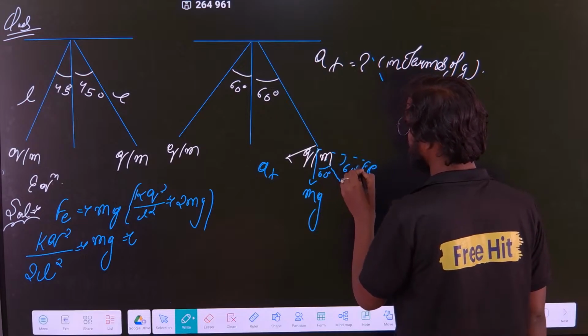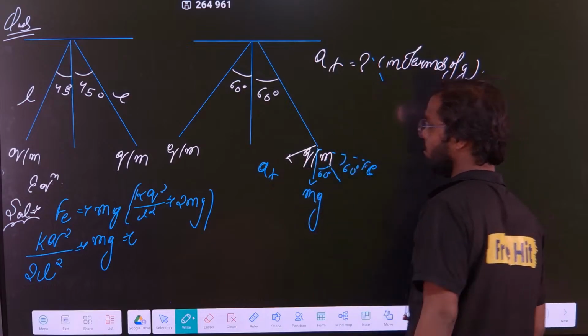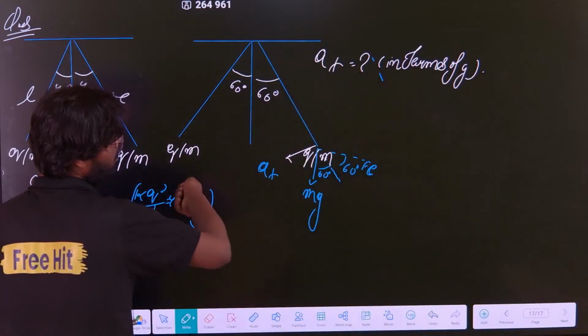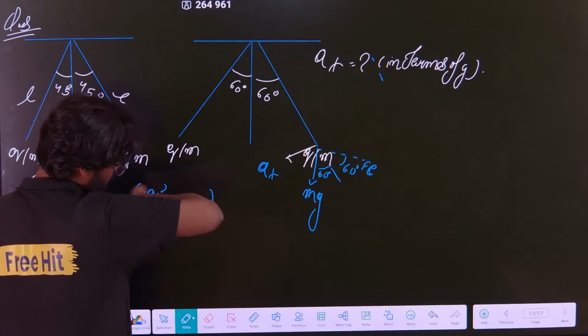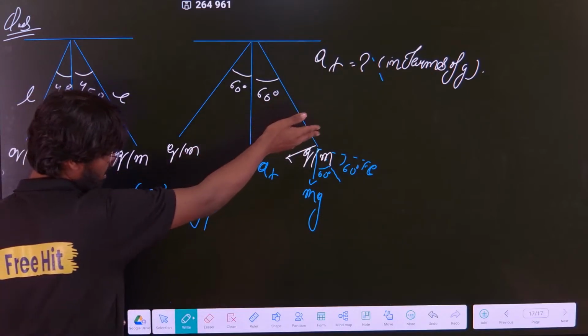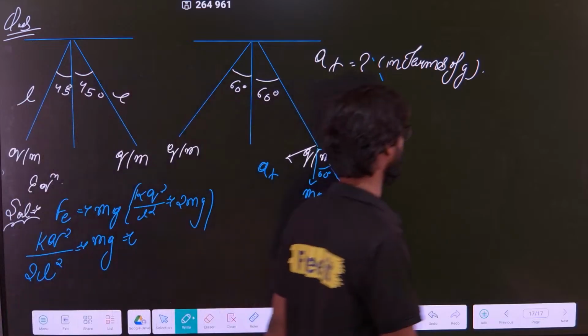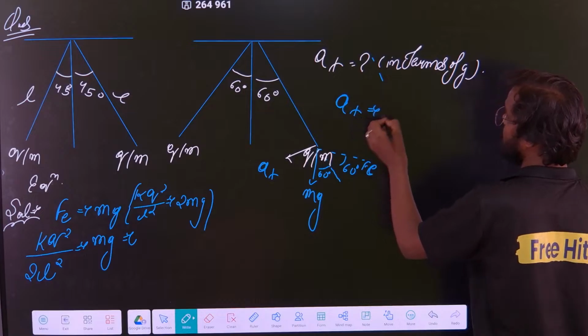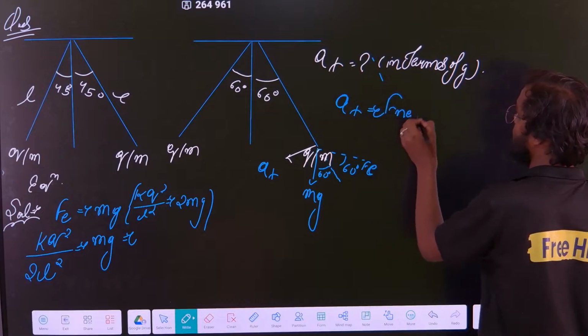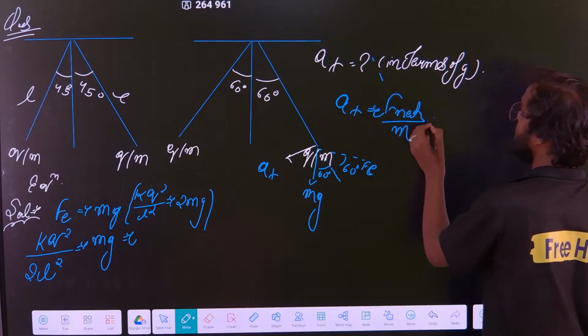This angle is also 60 degree, and we have to take the component along acceleration. Why? Because the particle is moving in this direction, so the net force is in this direction. So you have to take the component in this direction. You will get At is equal to F net divided by mass. What is F net?